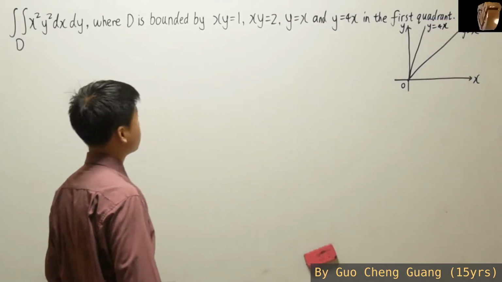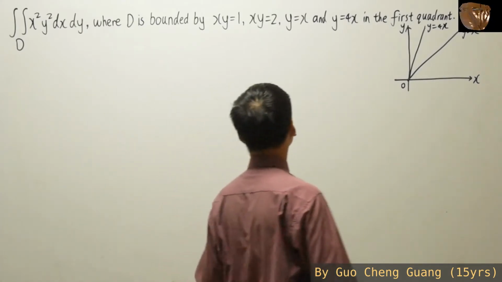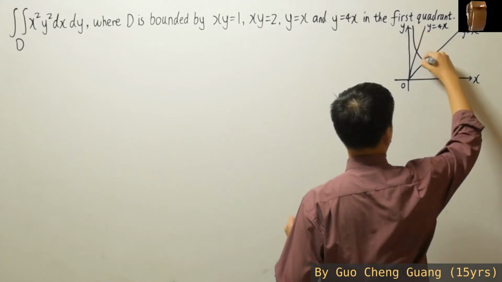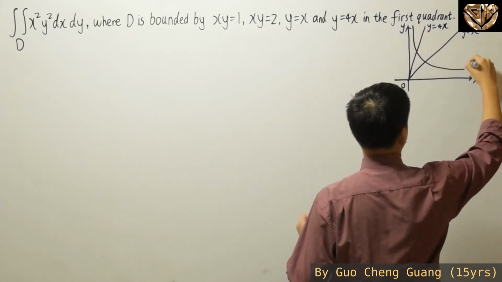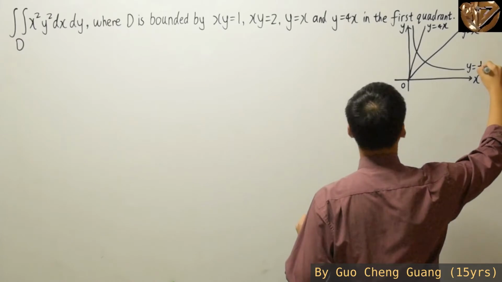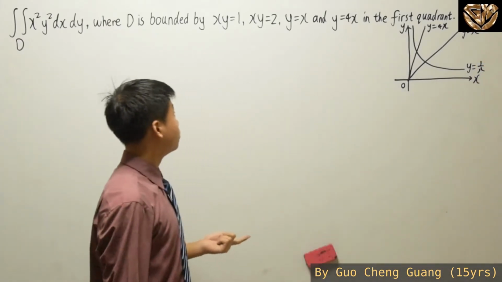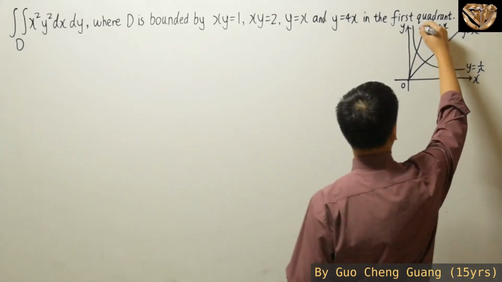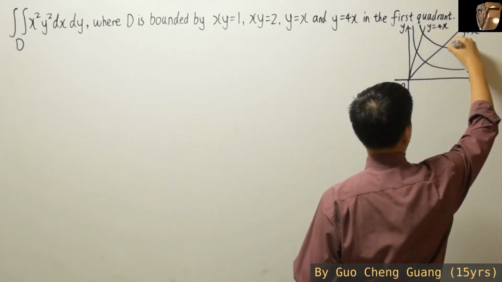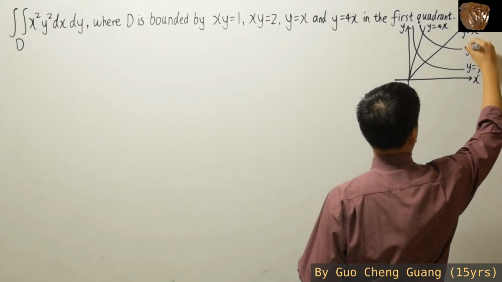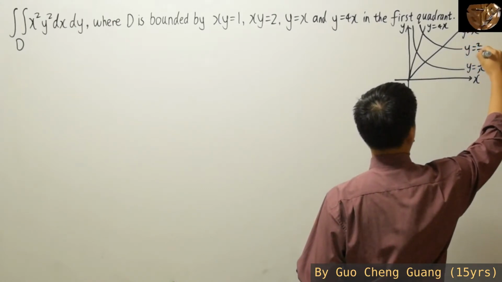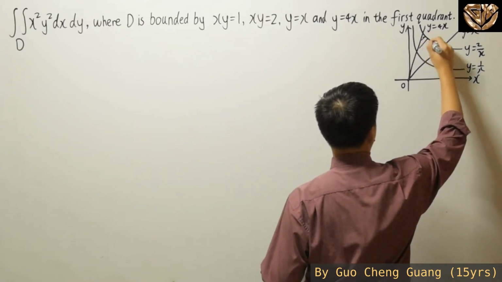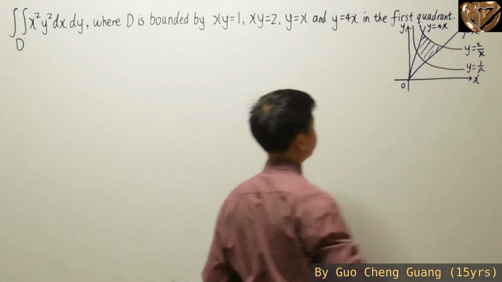Now, xy is equal to 1, we just draw the y is equal to 1 over x graph. And xy is equal to 2, which you can just draw as the y is equal to 2 over x graph. So this area here is what we have.